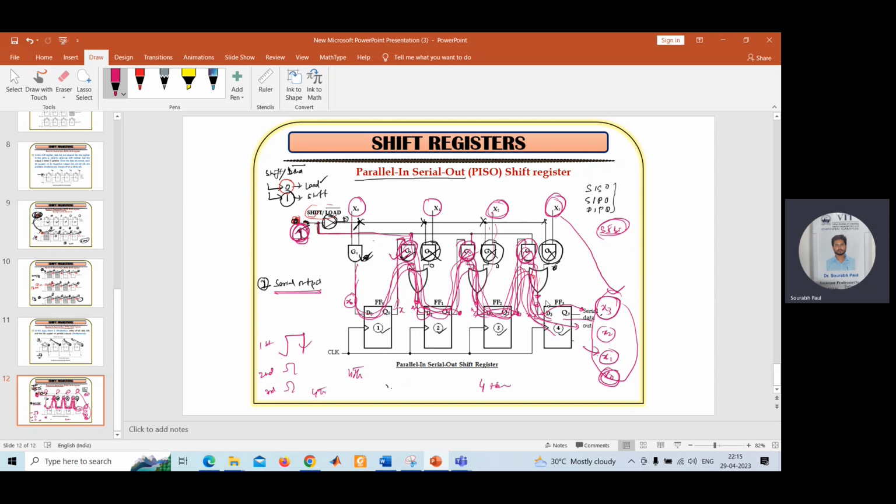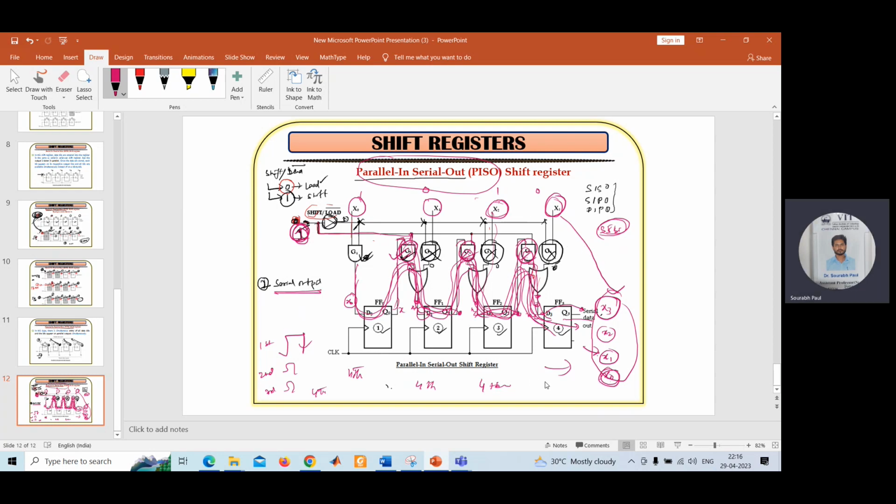Okay, so ultimately, briefly, what we can say is, if you have 4 bits and you are applying them to the input parallelly, only after applying the 4th clock will you get this output serially from the parallel in serial out shift register.